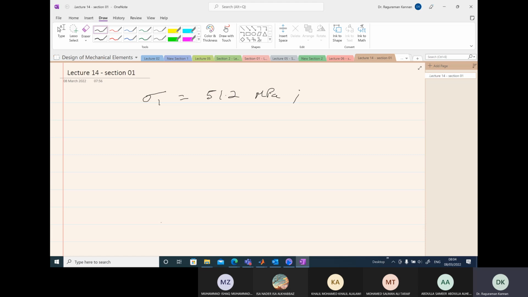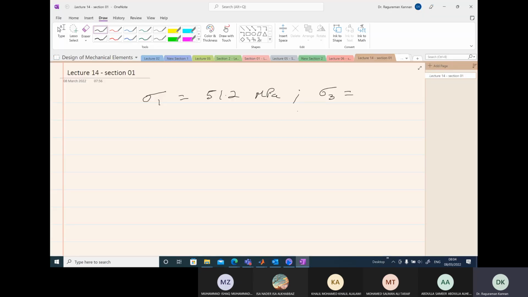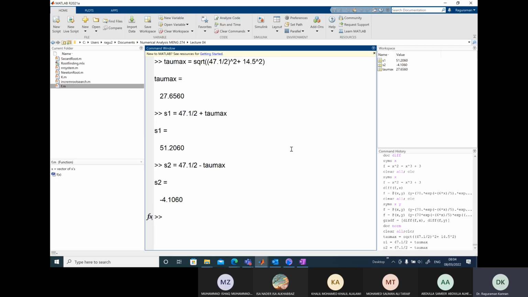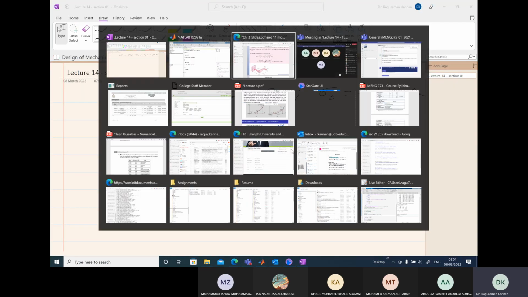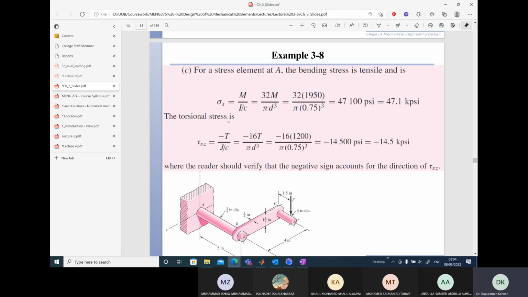I'm going to write it as sigma 3. There is a reason why I write it as sigma 3, minus 4.106. Why do I write it as the sigma 3 value? For that, let me go back to the slide and note down what are the stress components we have calculated.